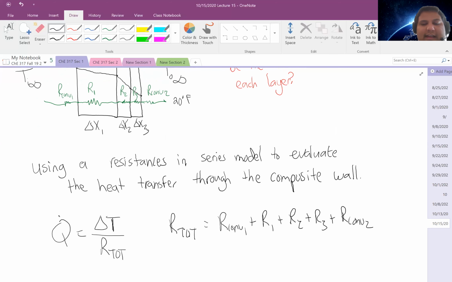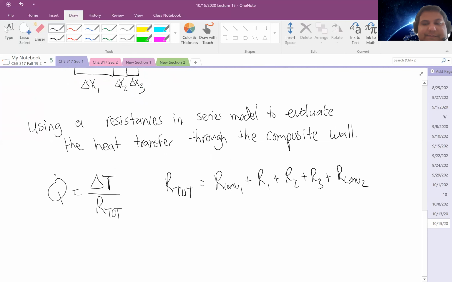And since I know that the total resistance is equal to the sum of the individual resistances, my total delta T has to be the sum of any temperature gradients that exist within our materials.